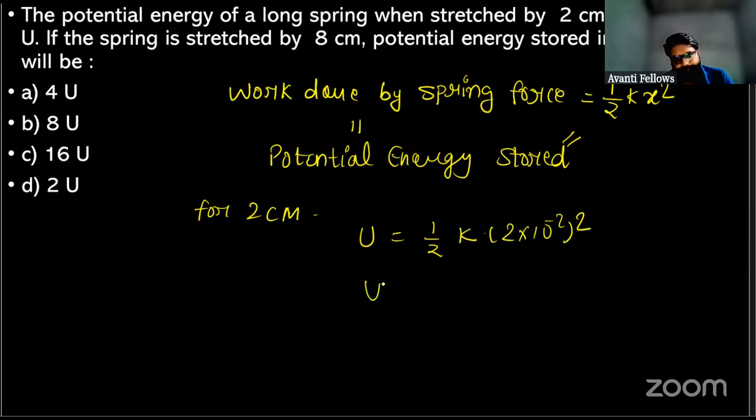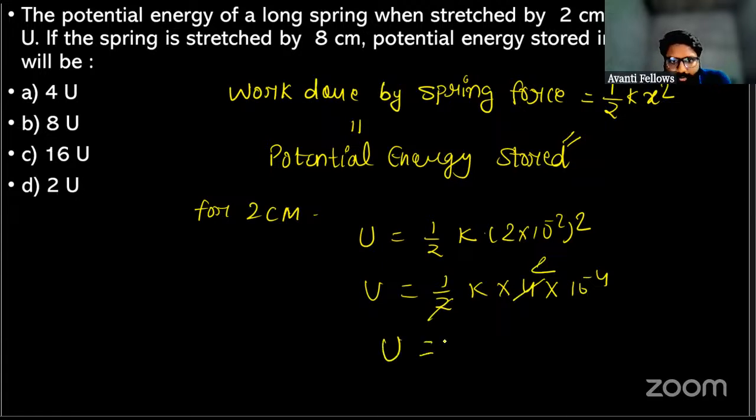U is 1 by 2 times K into 4 into 10 raised to the power minus 4. This will become 2K into 10 raised to the power minus 4 Joule.